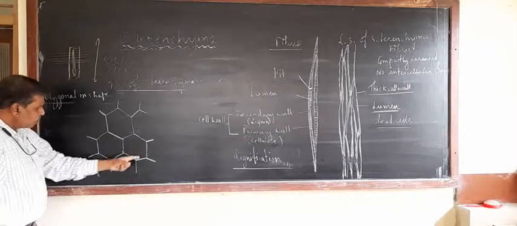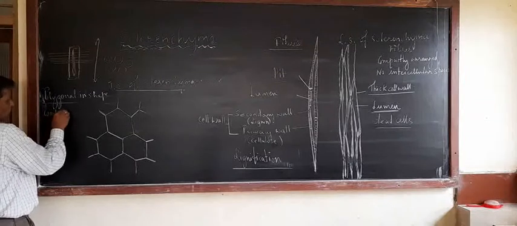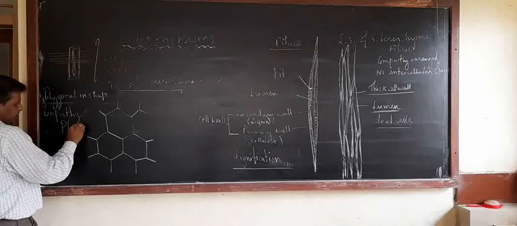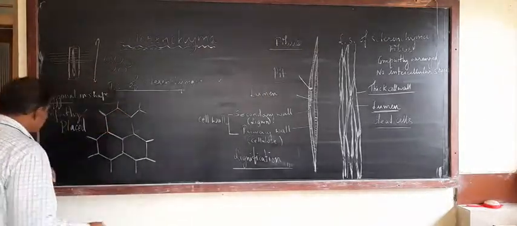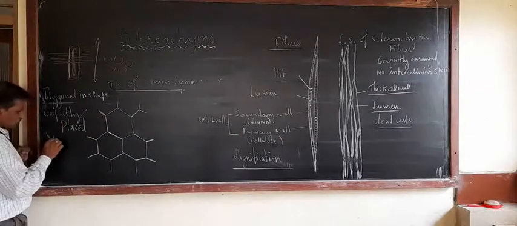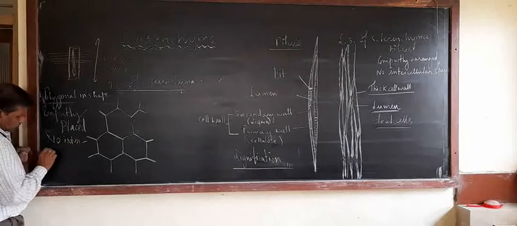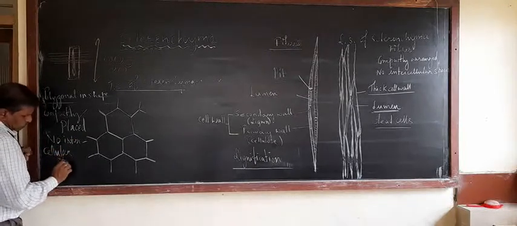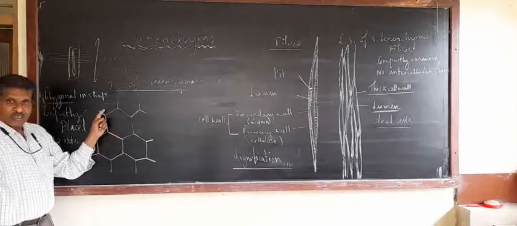They are not only polygonal, they are also compactly placed. Cells are compactly placed, and these cells are without any intercellular spaces. Look at the placement of the cells.